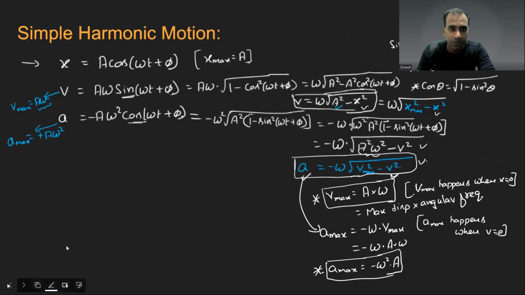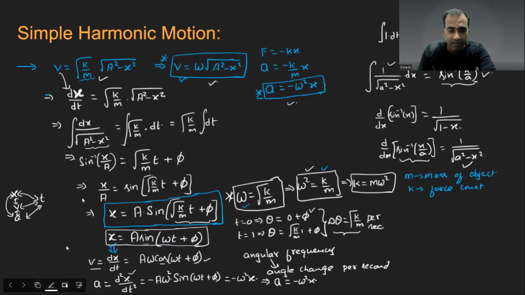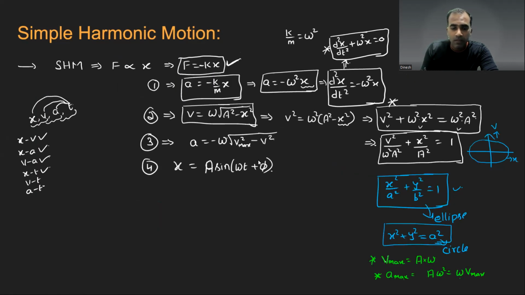I'll just show you. See here, yesterday we derived it here. A sine omega t plus phi. What is omega? Root of k by m. Correct? So this is the relation between displacement and time.